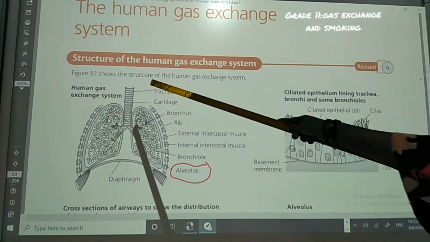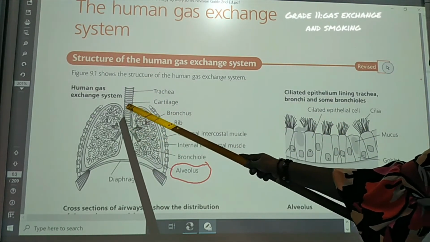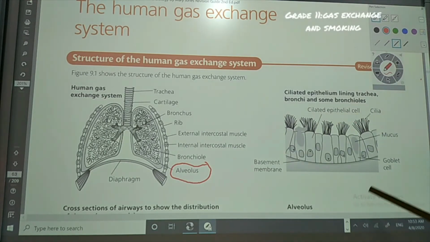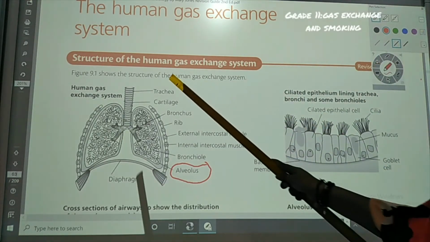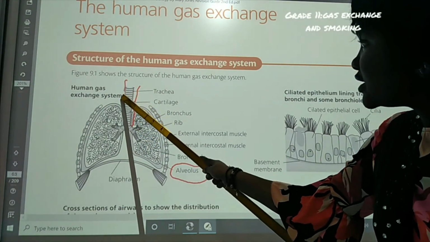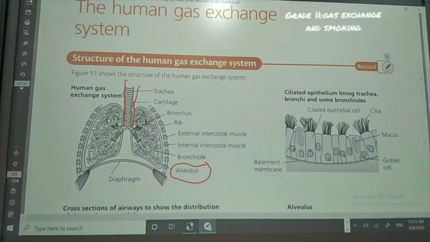Okay, and so this is what we have inside this. This diagram shows us what goes on inside this. Do you understand? So inside this we have the cilia cells, we have the mucus, we have the goblet cell.